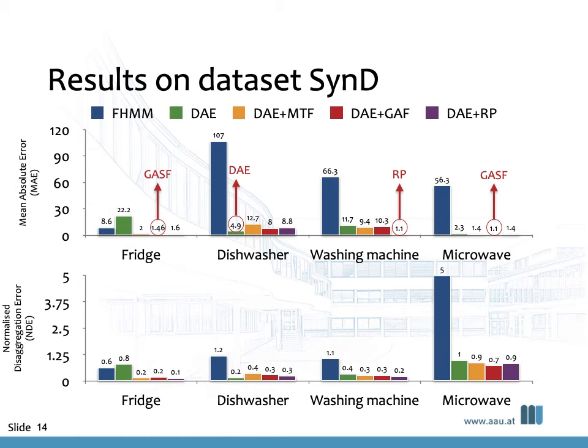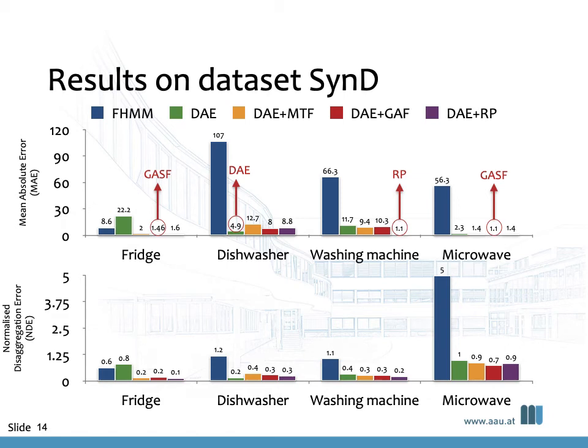So the results on this first dataset show that the denoising autoencoder, as well as the proposed two-dimensional pipeline, outperformed the factorial hidden Markov model in all cases. We also observed that the two-dimensional representation provides an enhancement in the performance, especially in the case of the fridge, where we observe a huge improvement between the denoising autoencoder and the two-dimensional pipeline.